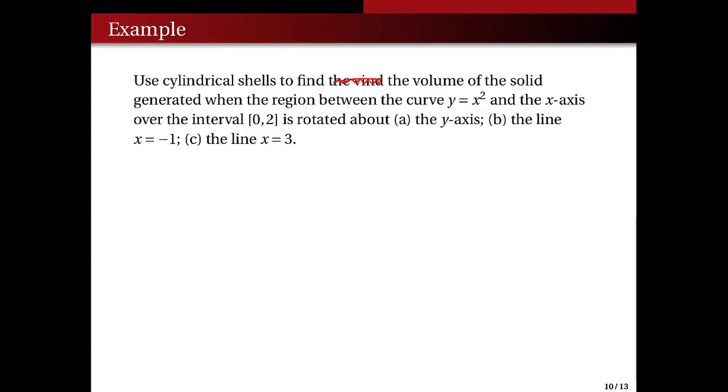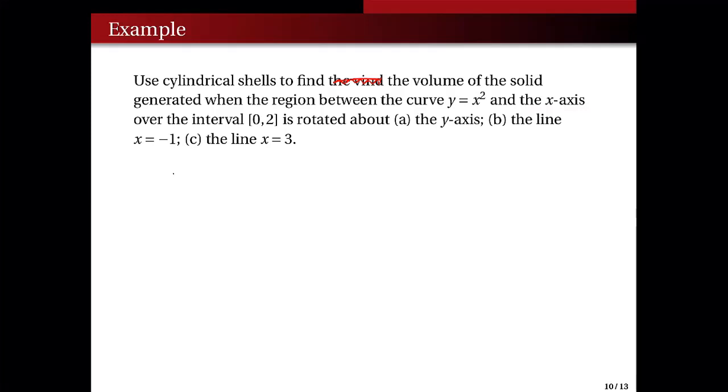So we have three parts in here. We have the y-axis, we have the line x equals -1, and the line x equals 3. So we'll be using shells for this. Let us see.